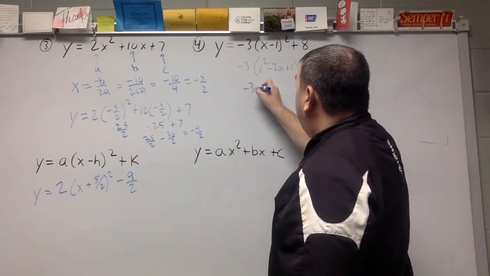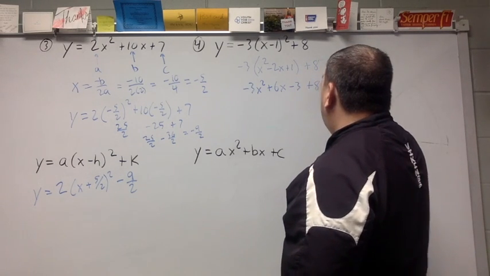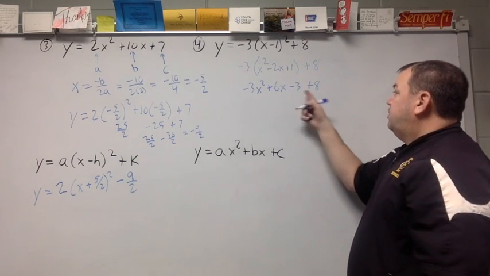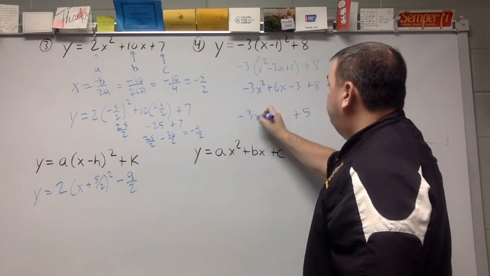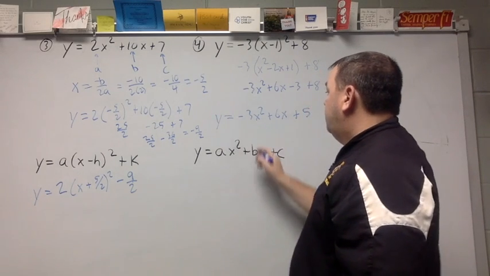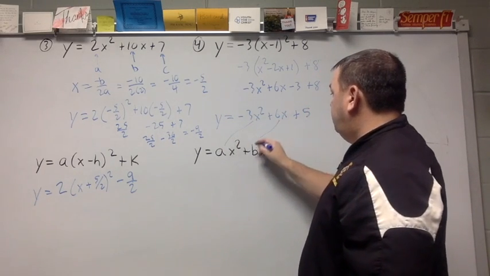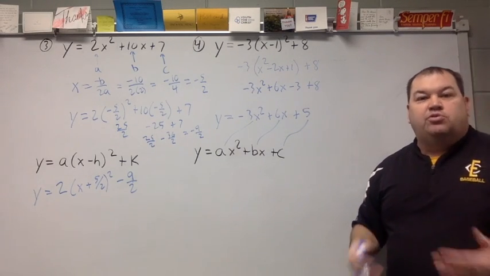So I get a negative 3x squared plus a 6x minus a 3. And I'm going to combine like terms here. That gives me a plus 5. There's my A, there's my B, and there's my C, putting it into standard form.